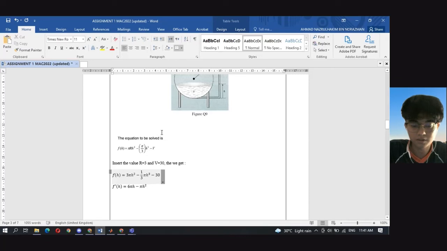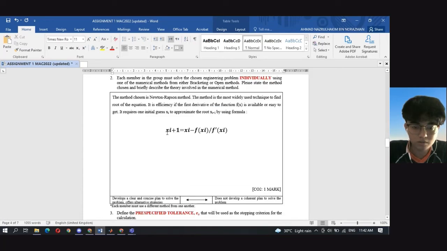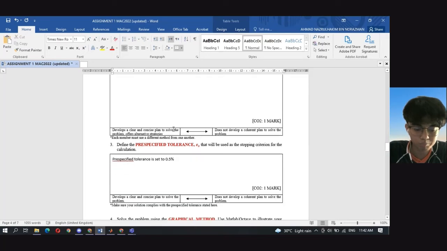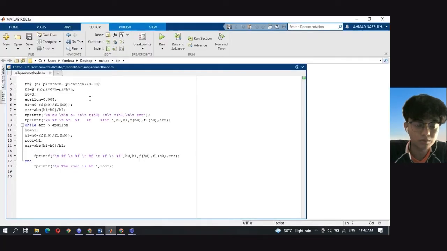For this case study, I take 3 meters as my guess. By using this formula, I can get the xi plus 1 value. And now I will explain how I code this problem in MATLAB.